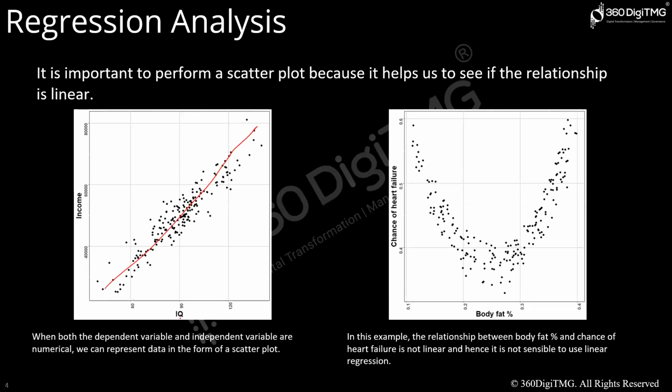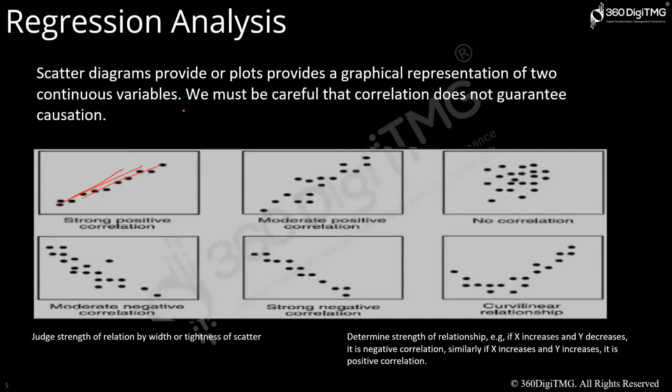The graph that shows the IQ and income is a strong positive correlation. And moderate positive correlation is when you have some scattered points of the data, but still it is moving in an upward direction.